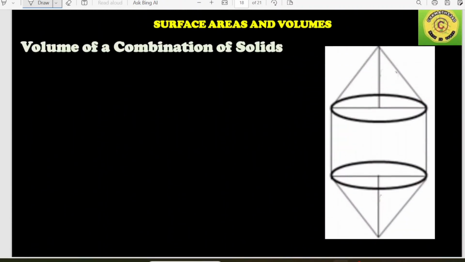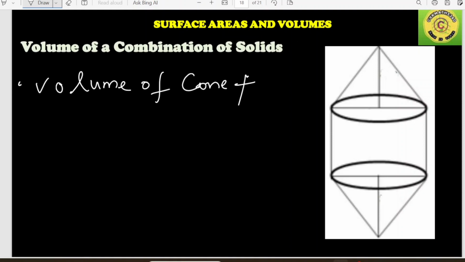Volume of a cylinder with a cone attached at both ends. So what is the resultant volume? All three we can do like this: volume of cone plus, since there are two cones, 2 into volume of cone plus volume of cylinder.